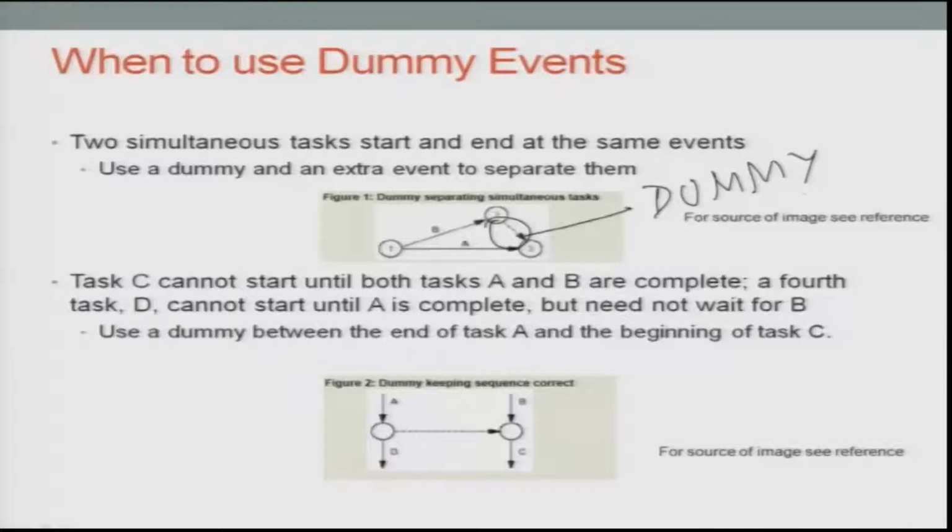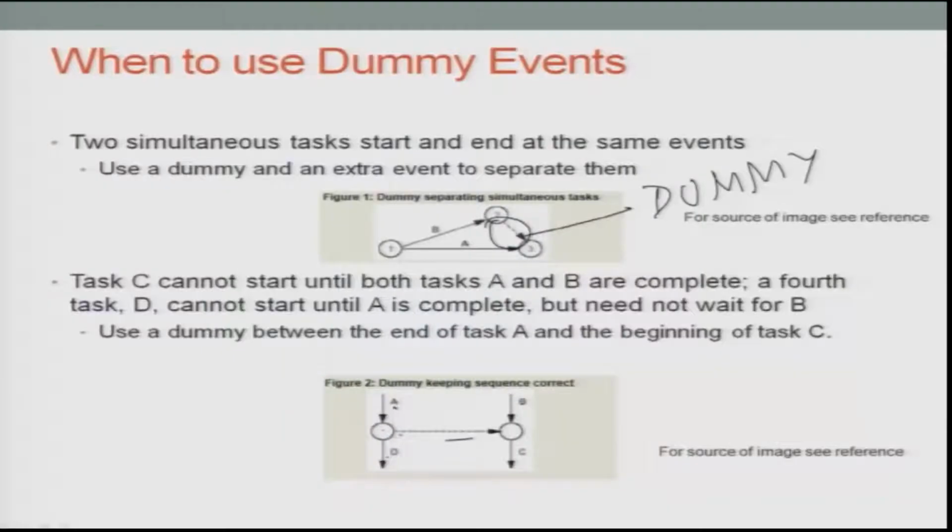D would definitely have to be done after A. This is shown here, and if you consider B and D, the dummy job does not go from right to left, because it clearly mentions that D has some relationship with A, but has no relationship with B. On the other hand, C has a relationship with both A and B. That is why, as you link up B and C, the implications of A should also affect C. That comes through the dummy, which goes from the left to the right, as shown in the bottommost diagram on this slide.